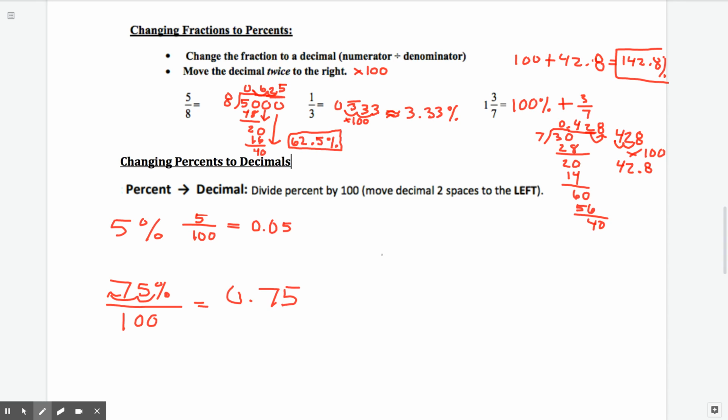What if I had like 1.5%? All right, well, if you have 1.5%, again, you're dividing by 100. 1, 2. So technically, you end up getting 0.015. Because again, you divide it by 100.